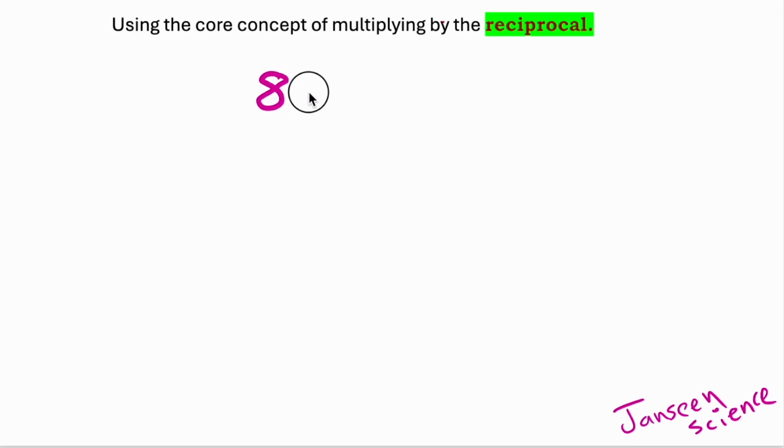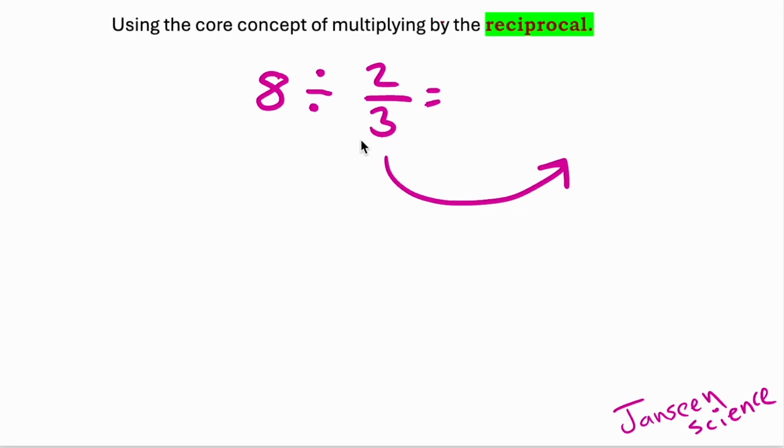So it's 8 divided by 2 over 3 equals. So we're going to flip this divisor. This is your divisor, 2 over 3 is your divisor, and the 8 is your dividend. And so the reciprocal will be the flip of the divisor. So it's going to be 3 over 2, just like that. So that is your reciprocal.